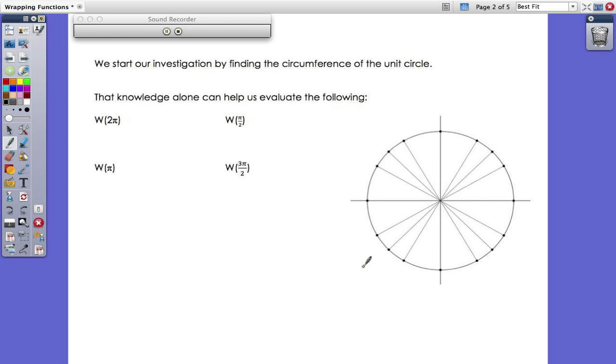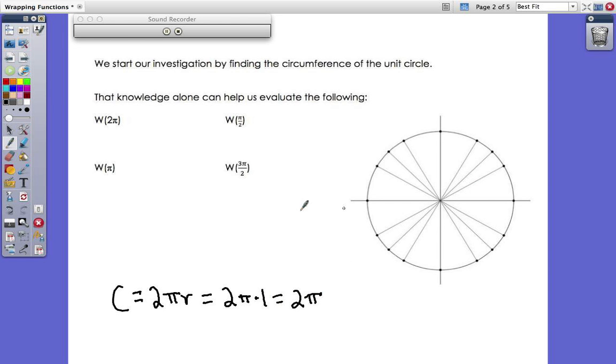So for starters, really all we need to know to get this investigation started is what's the circumference of the unit circle. And of course, circumference is 2 pi r. And as I mentioned before, it's the unit circle, which means that its radius is 1. So my circumference is just 2 pi. All right.